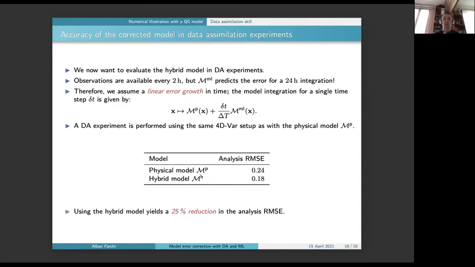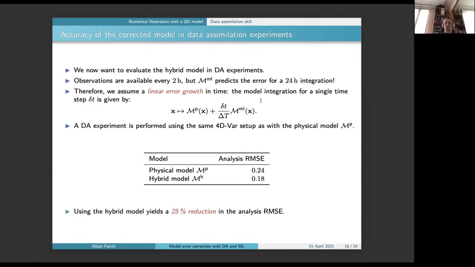More specifically, we will take a model integration for a single time step, which is this one. You have the first term, which is the original physical contribution. And you have the second term, which is the statistical correction, the neural network correction, rescaled by a factor, which is the ratio between the integration time step and the data assimilation window length of 24 hours.